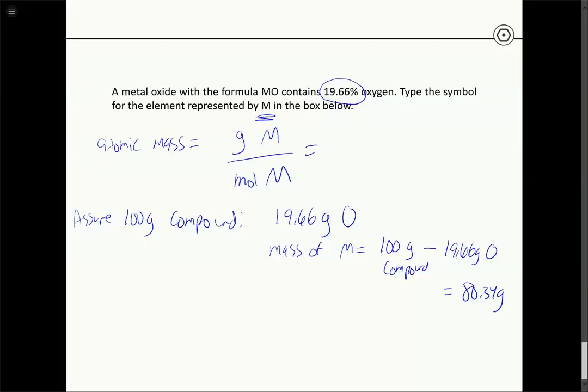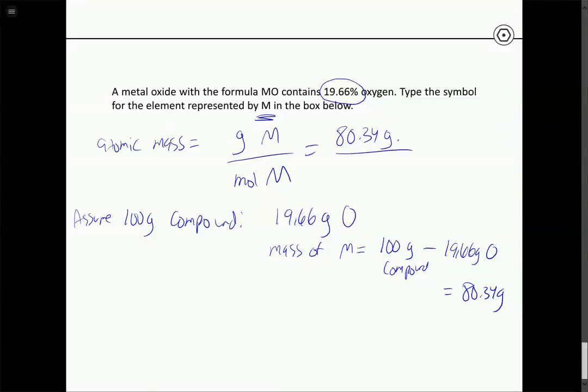So we got the first number already. So if there's 19.66% oxygen, there's 80.34% metal. If we assume 100 grams, that means that our sample has 80.34 grams.